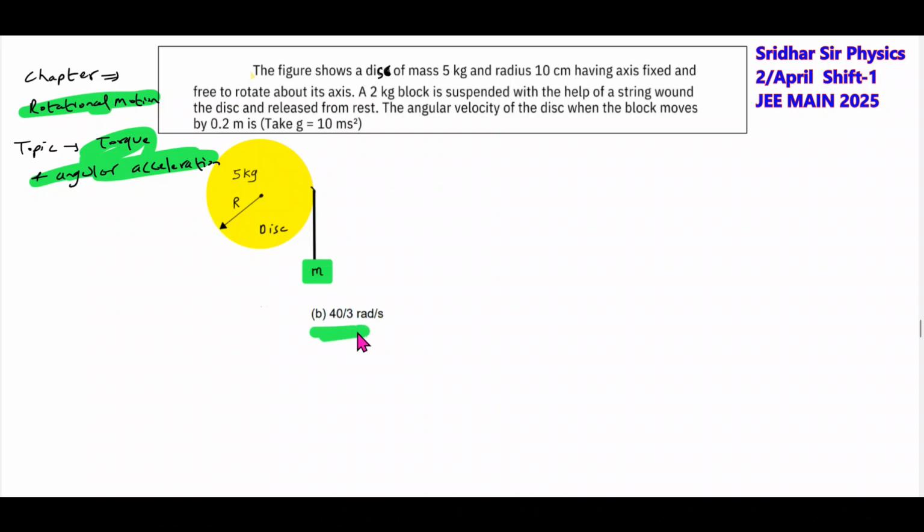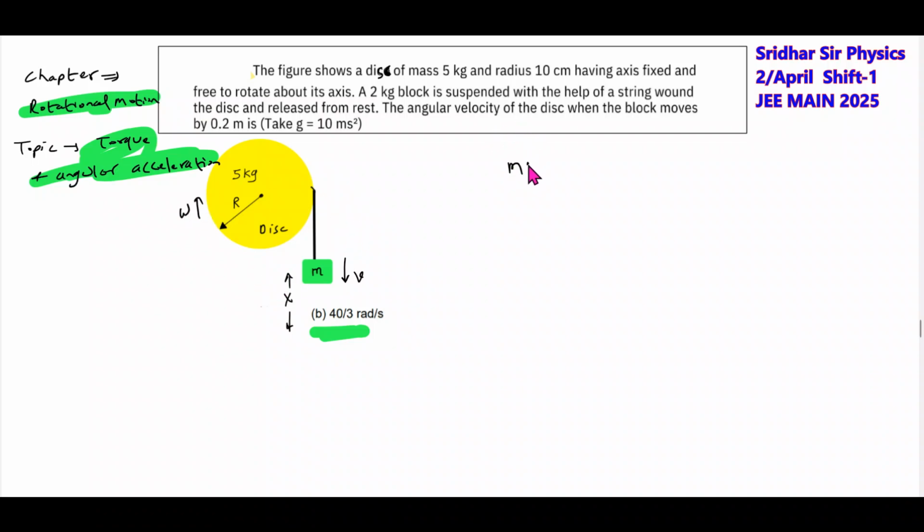I have got an answer like this; we'll check how much we get. The block will descend by a distance h, or say x. Agree? Now the decrease in potential energy will be converted into translational kinetic energy and rotational kinetic energy.